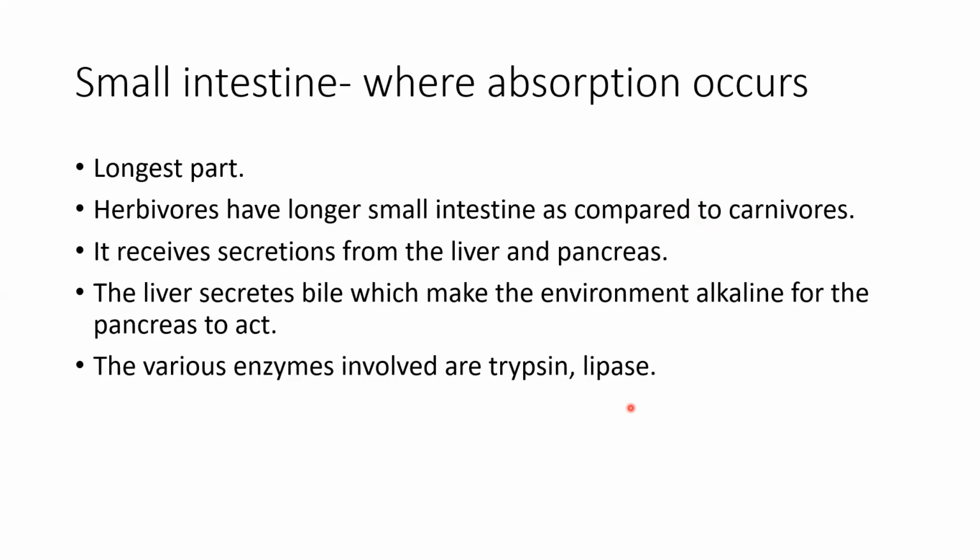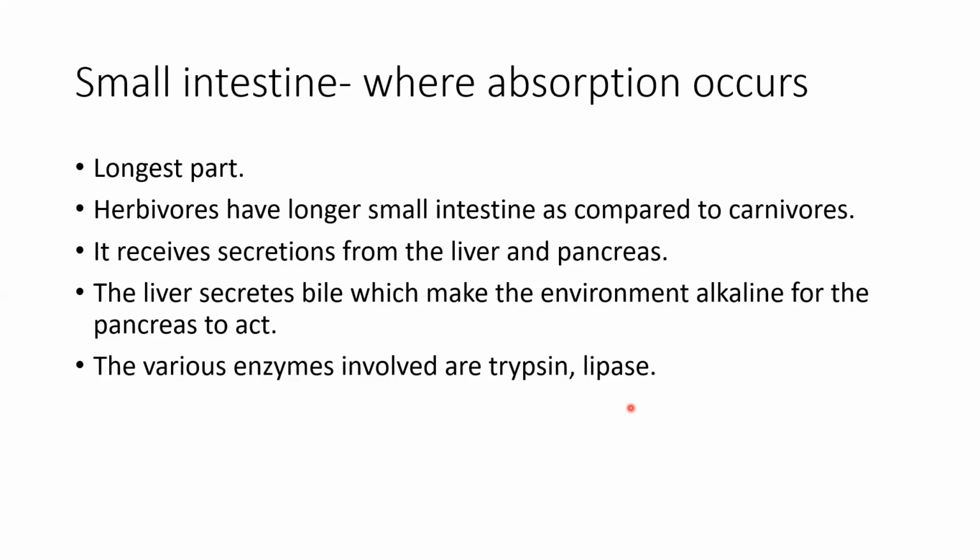We humans cannot eat grass because we do not have the enzyme capable of digesting cellulose. Even though animals like cows and goats have these enzymes, it still takes a longer process to digest compounds like grass. So herbivores tend to have a longer small intestine as compared to carnivores or any other meat-eating animals, because meat gets digested very easily.